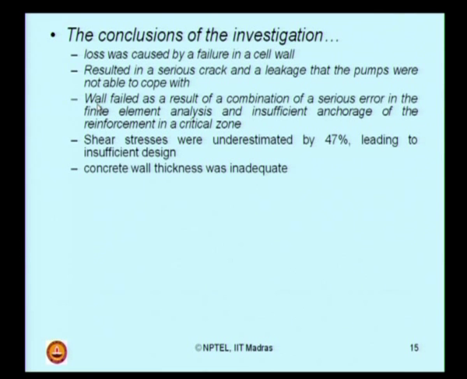The wall failed as a result of a combination of a serious error in the finite element analysis carried out, and insufficient anchorage of the reinforcement in certain critical zones. Remember that it was a reinforced concrete platform. The finite element analysis showed there had been some insufficient anchorage of reinforcement in a critical zone. The shear stresses in the analysis were underestimated by about 50%, leading to an insufficient design. The concrete wall thickness designed from this analysis was inadequate.